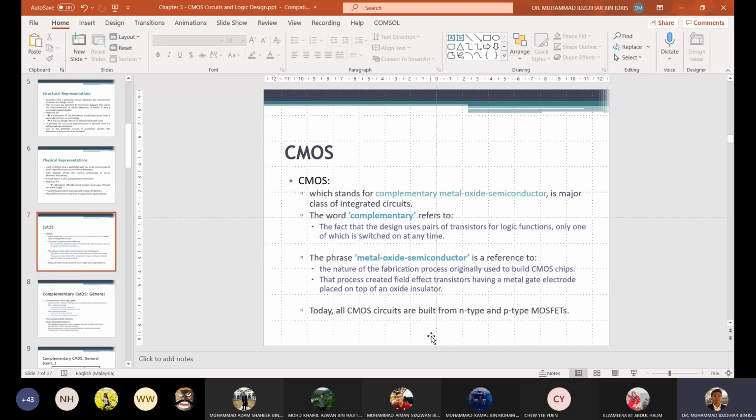You can have silicon carbide, silicon germanium, germanium, there are so many materials. But in your subject, just focus on silicon. So it is complementary metal oxide semiconductor. The word complement, I think you have used that word, especially when you need to complement each other. Do you know the meaning of complement?